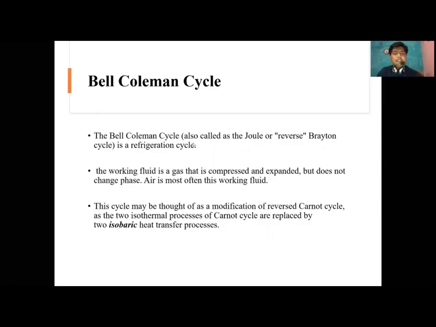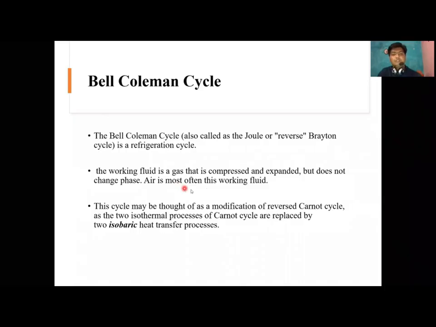The Bell-Coleman cycle is also called the Joule or reverse Brayton cycle in refrigeration. The working fluid is a gas that is compressed and expanded isentropically, but does not change its phase.